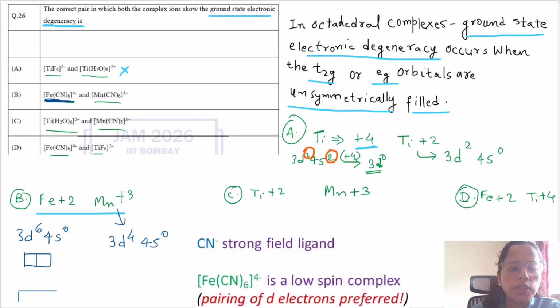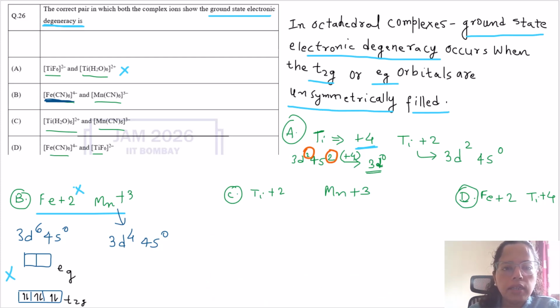So when we arrange these electrons in the T2G and EG orbitals, Fe(CN)6 will be a low spin complex. All 6 electrons will be accommodated in the T2G orbital itself and EG will be empty. T2G is completely filled, so there is no degeneracy in Fe(CN)6 4-, because with a strong field ligand and d6 configuration, all the electrons are paired and symmetrically filled.